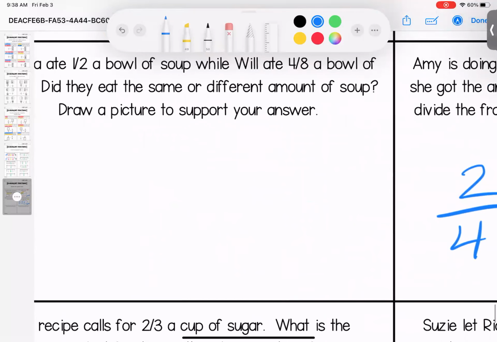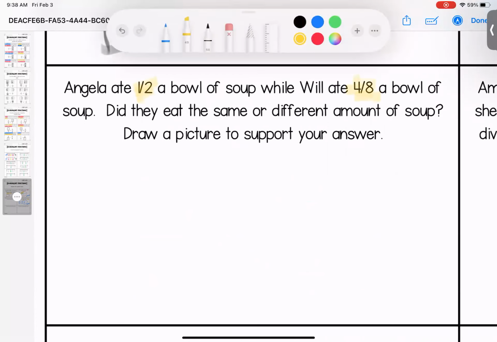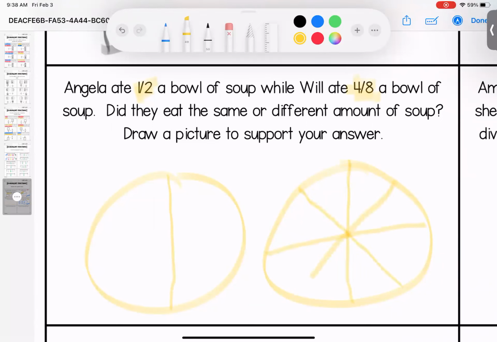All right, sweet faces. We're talking about Angela, who ate 1/2 of a bowl of soup, while Will ate 4/8 of a bowl of soup. Did they eat the same or different amounts? Draw a picture. So you could draw this out, keeping your circles as close to the same as you can, or you also have the option of looking at your anchor chart and finding your eighths and your halves.